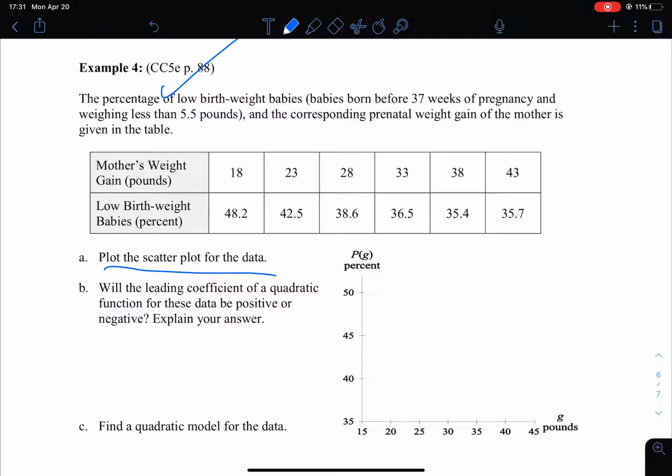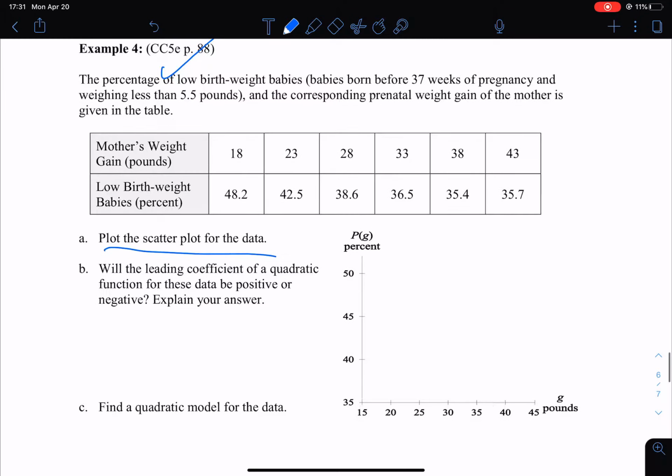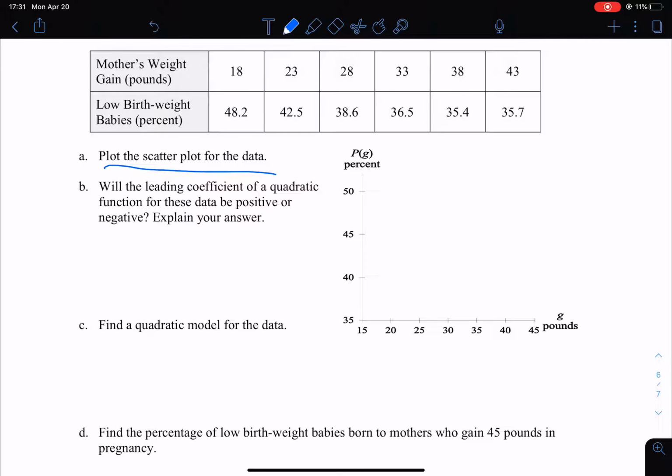Then you can see, because it is positive and concave up, we know we have to use the quadratic function, quadratic model. Then it is 0.009x squared minus 2.286x plus 79.685.